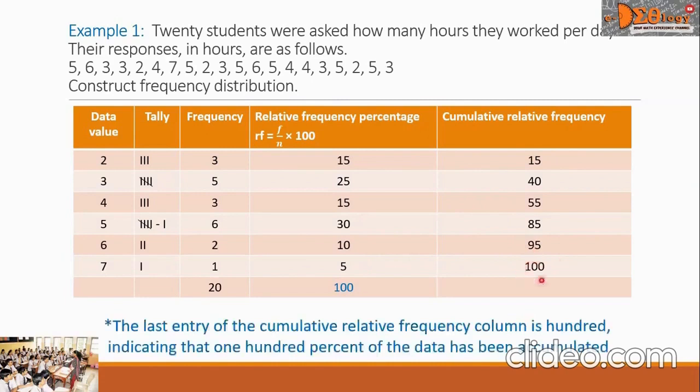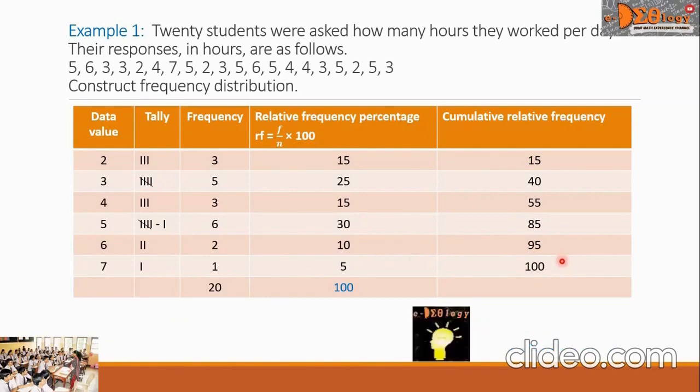The last entry of the cumulative relative frequency column is 100, indicating that 100% of the data has been accumulated. So we are done with our example 1. This is now our answer.